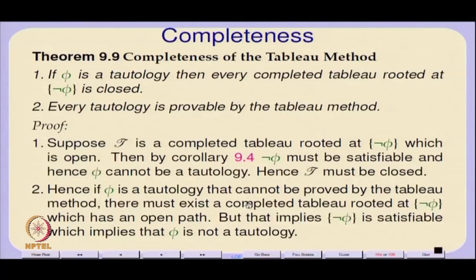Secondly, for every set of unsatisfiable formulae, every tableau will close, and for every set of consistent formulae, every open path in every tableau will give you a truth assignment which satisfies the original set. That is what this completeness does.